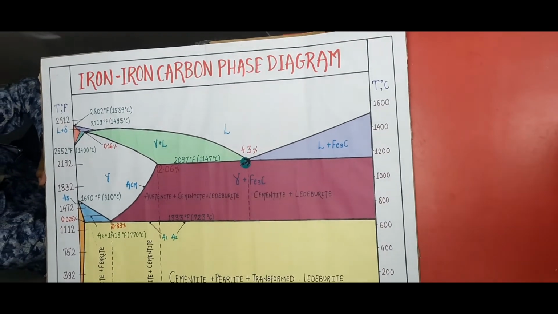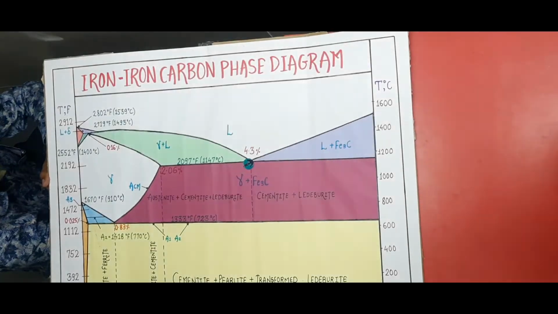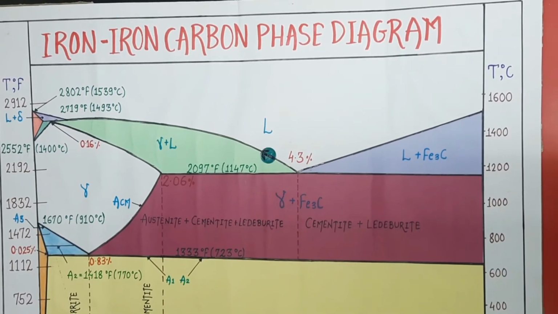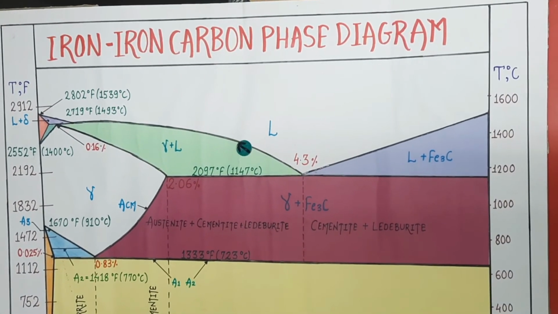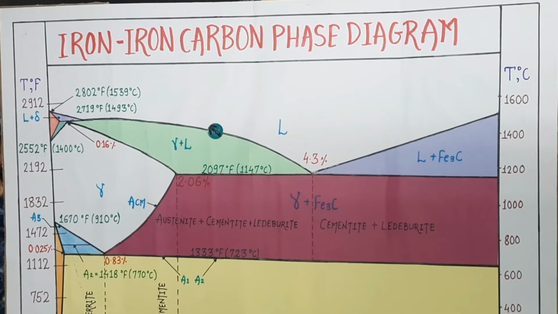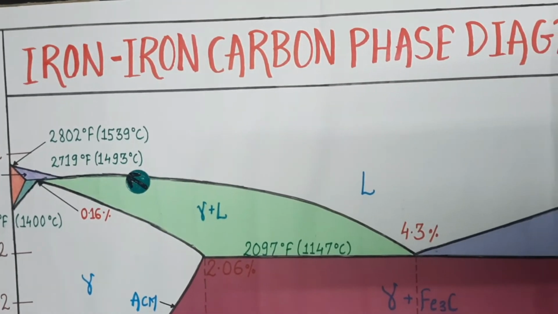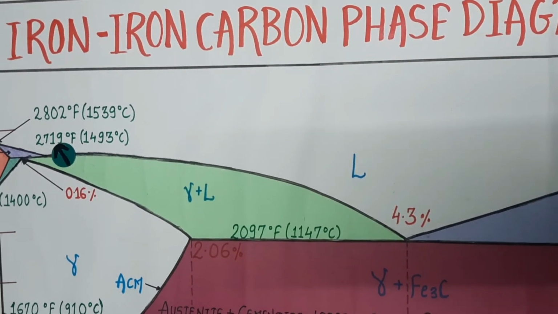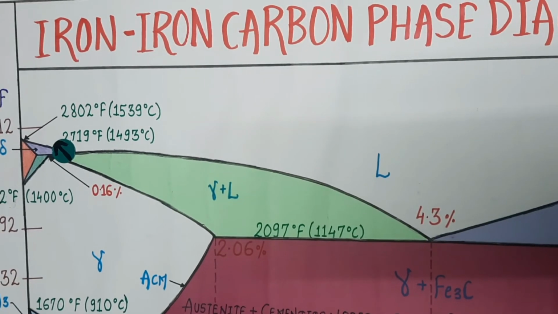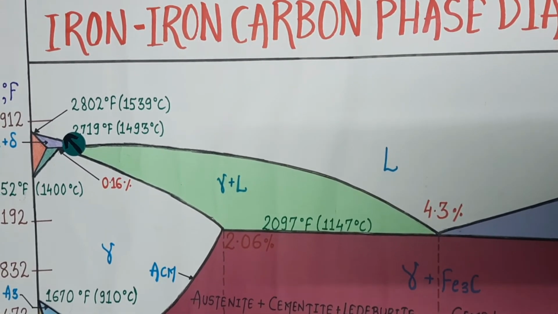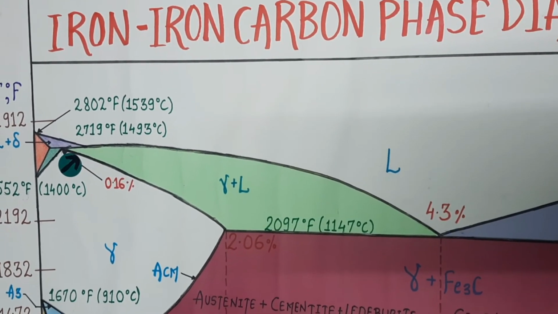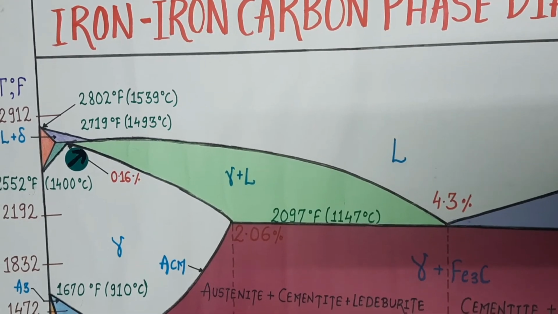We have 4.3% carbon. Over here, we call this point the peritectic point, and the carbon percentage is 0.16%.